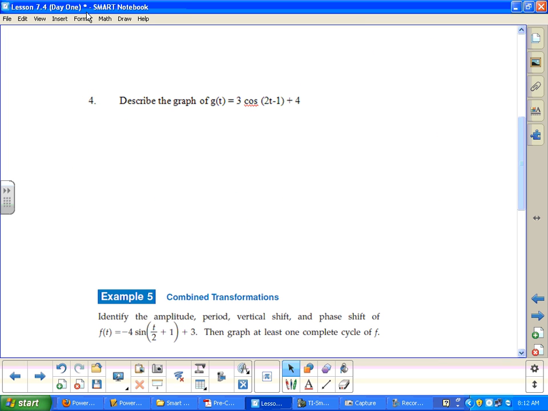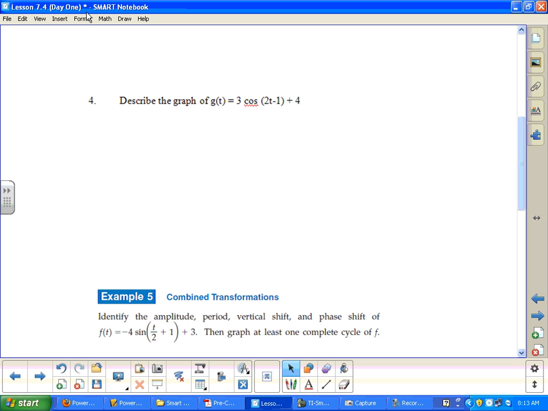Okay, so following that up, when they ask us to describe a graph, that means they want us to tell them about all those specific things. So I need to talk about vertical shift, vertical stretches and compressions, horizontal shifts, and horizontal stretches and compressions, right?